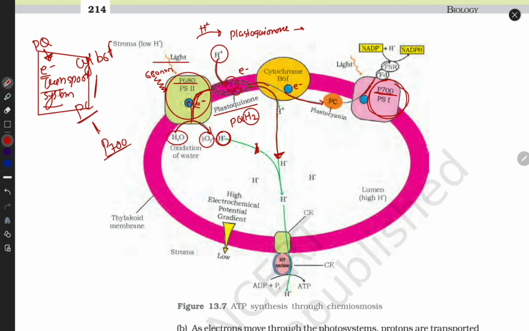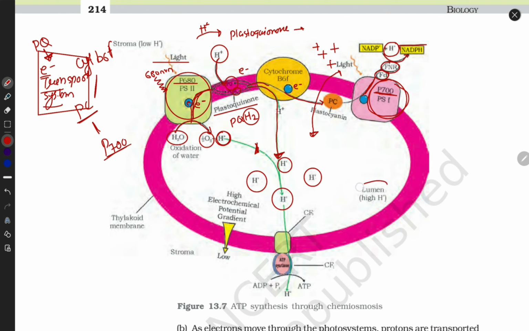P700 passes its electron to ferredoxin, and then to FNR. Here again H plus ions are formed. In the outer medium H plus is increased, and it goes inside the thylakoid lumen. Here H plus is increased because of this electron transportation.